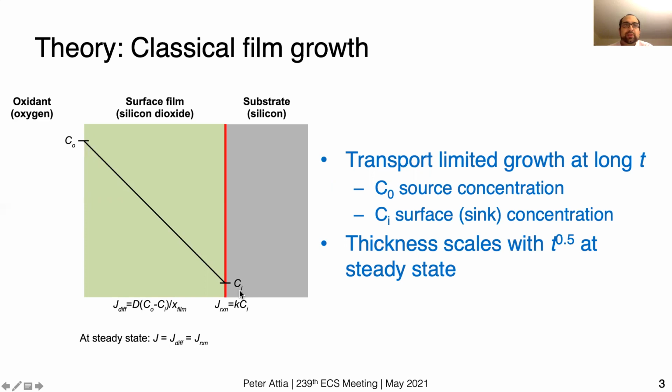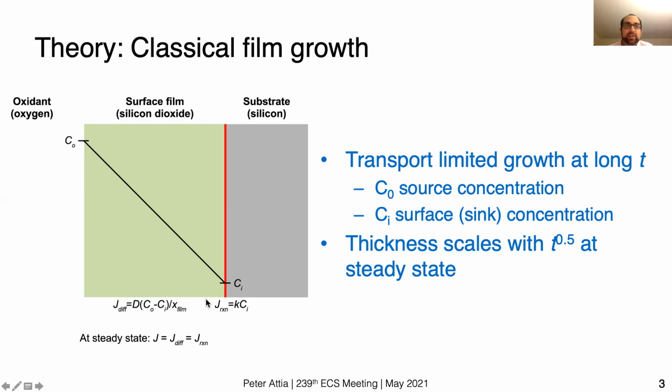So there's a few different reactants here, or concentration terms here. There's the oxygen in the ambient environment that has a concentration of C0. There will be a transport gradient from C0 to this interface, the interface of SiO2 and silicon. And there'll be a lower concentration of oxygen that reaches the surface here.